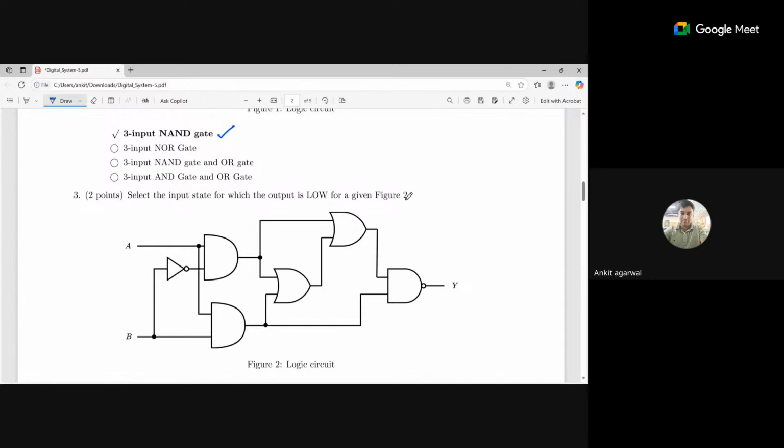Yes, what is the equation of y? So A is 1 and B is 1.